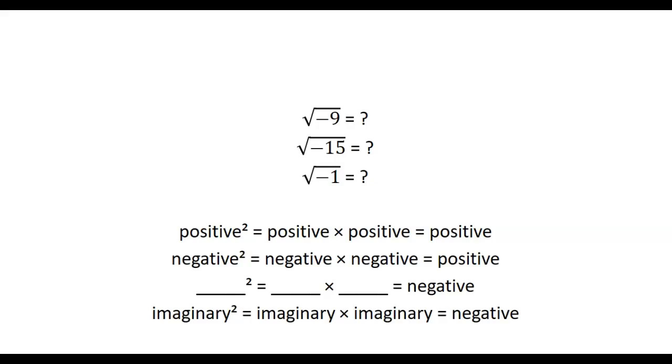So we introduce new numbers outside the set of positive and negative real numbers, and they're just called imaginary numbers. And those are the numbers that when you multiply them by themselves, you end up with a negative number. And that allows you to actually be able to work with the square root of negative 9 or negative 1 or whatever.